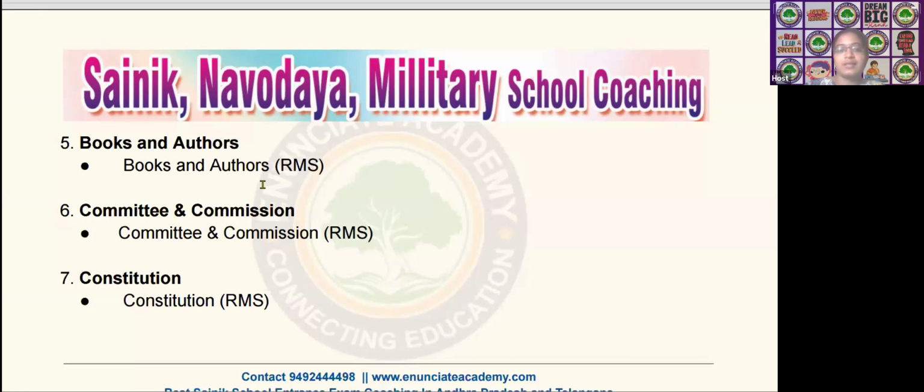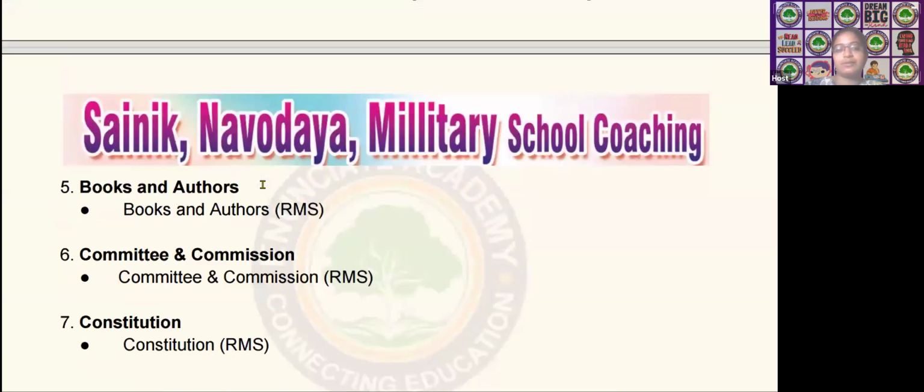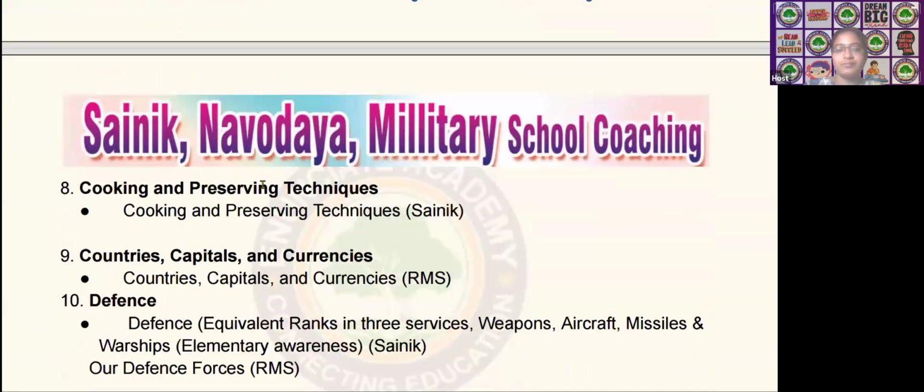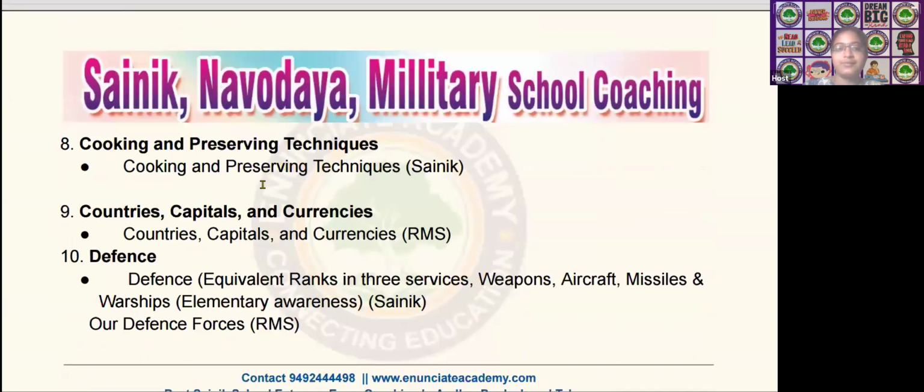It is a syllabus for the RMS, not in Sainik. And the 8th concept, cooking and preserving techniques. It is a syllabus only for Sainik, not in RMS.